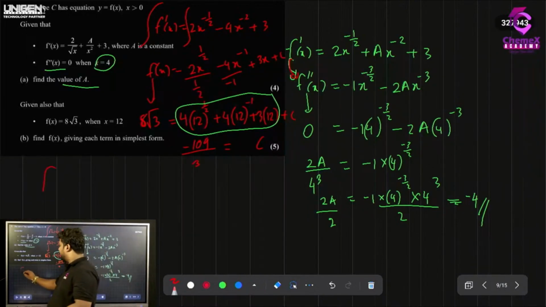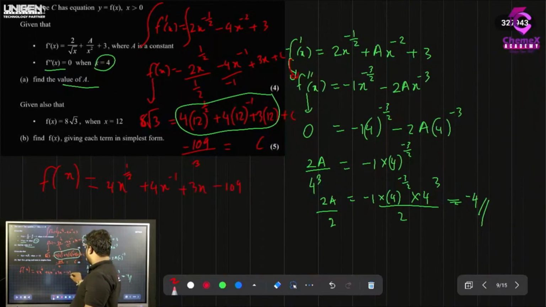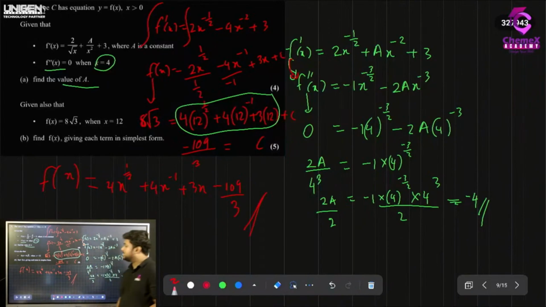At the end you have to write f(x) equals 4x to the half plus 4x to the minus 1 plus 3x minus 109 over 3. With the c value you have to write the equation. If not, you don't get full marks.